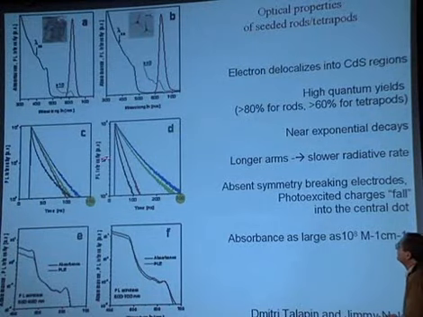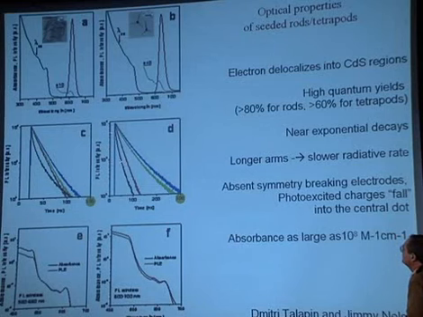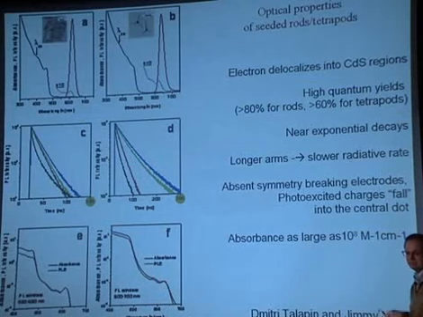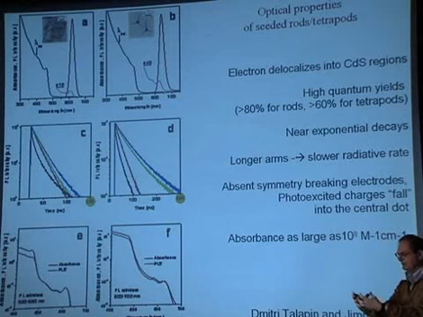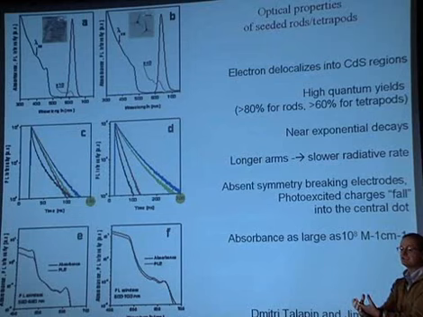And so, for example, you can look at the fluorescence lifetime of these things, and what you see is that the fluorescence decay depends on the length of the arms. You could understand that from the fact that in this material, you make an electron and a hole, and when it emits light, they recombine, but the rate at which they recombine depends on how well they overlap.